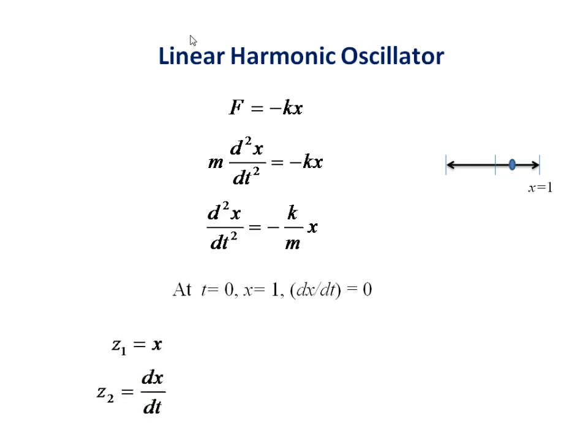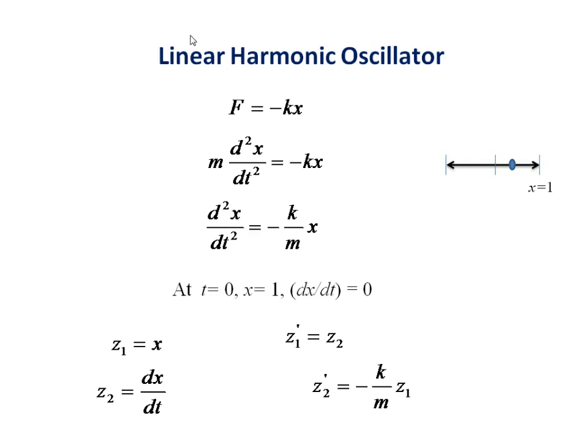Now to solve in Scilab, we put the symbols z1 and z2 for x and dx by dt, which gives us two first order linear differential equations: z1 prime equal to z2 and z2 prime is equal to minus k by m into z1.